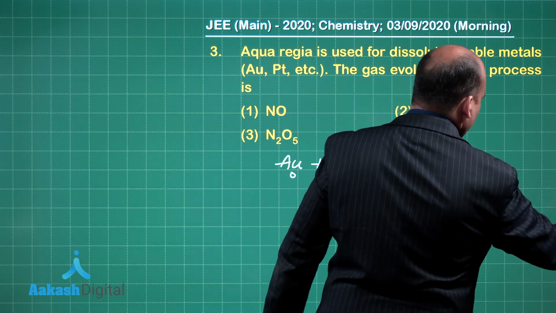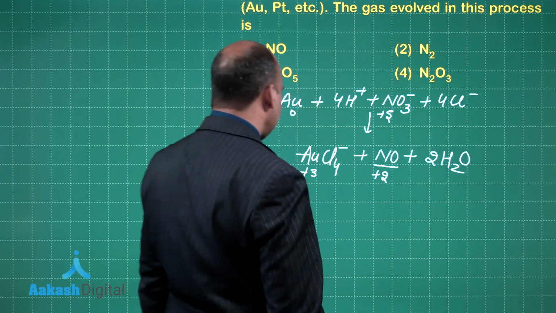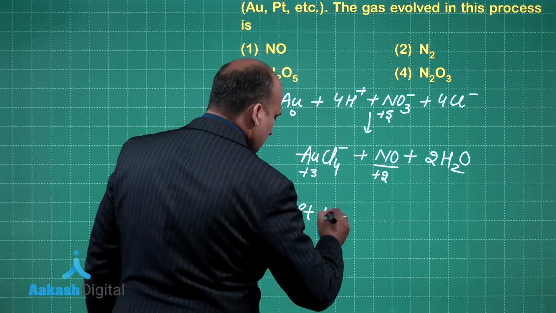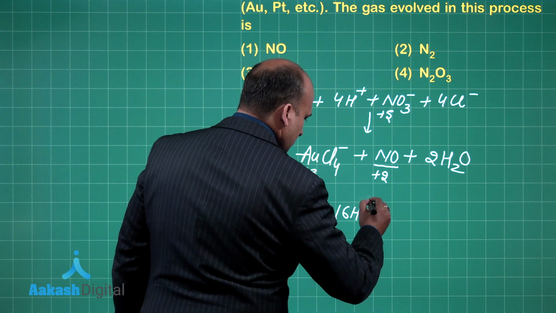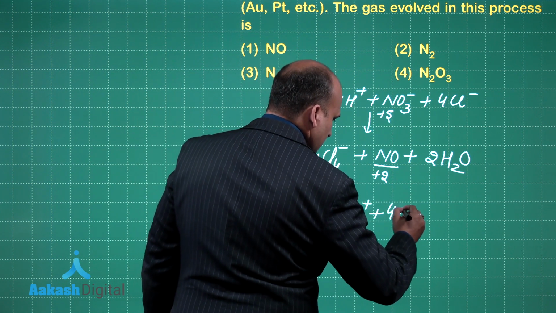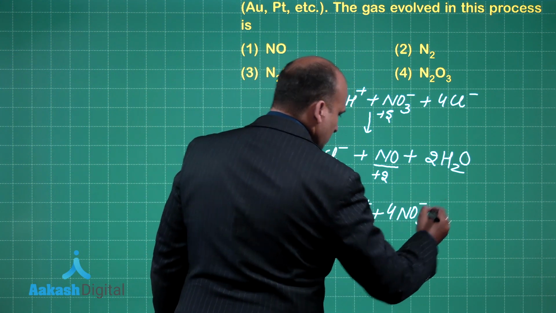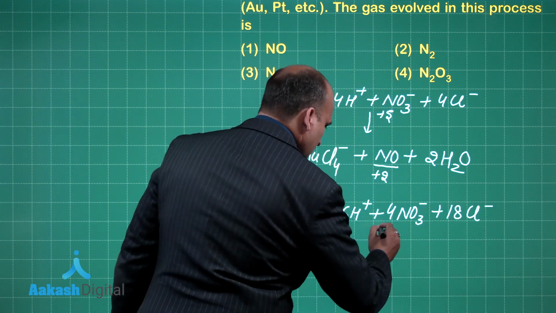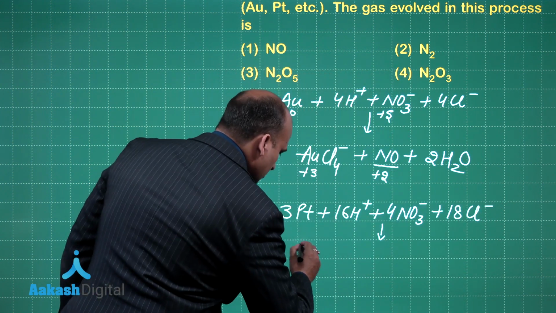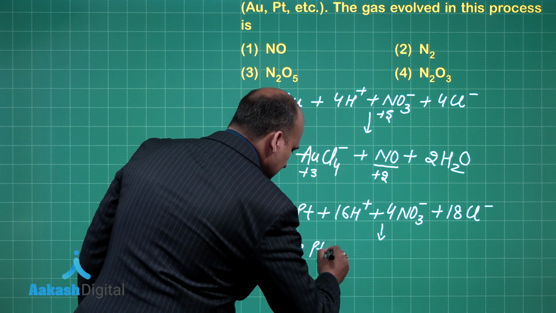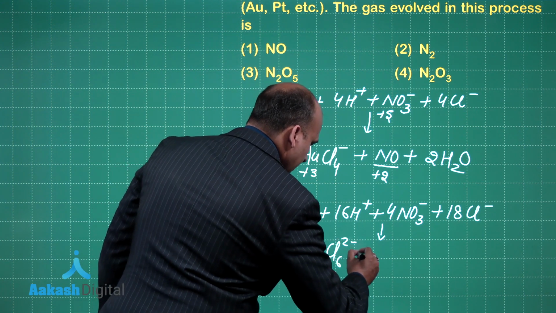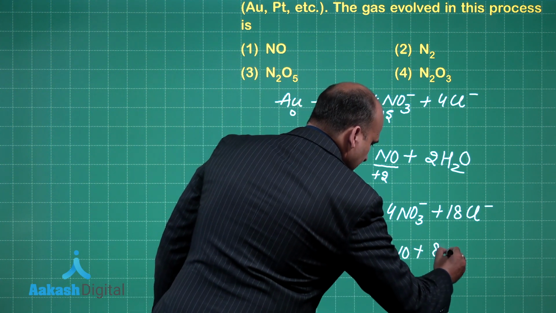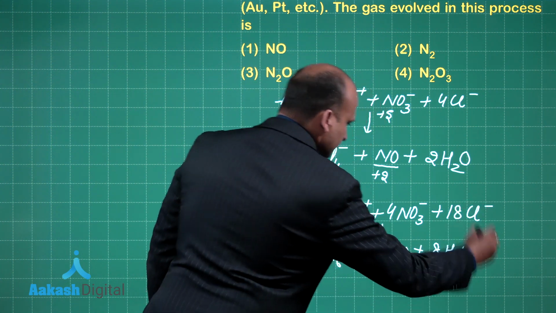Similarly, in case of platinum, you will have this equation, and this will give you 3PtCl6 2 minus plus 4NO plus 8H2O, right?